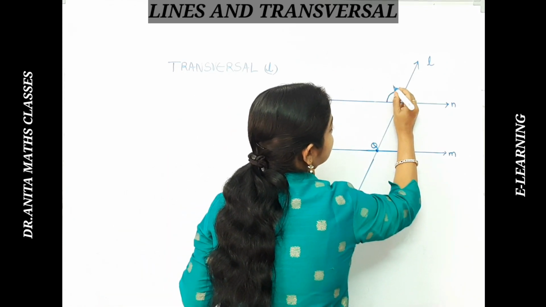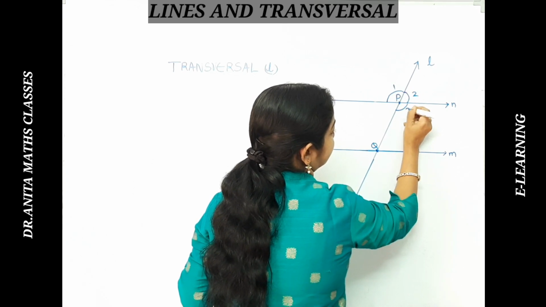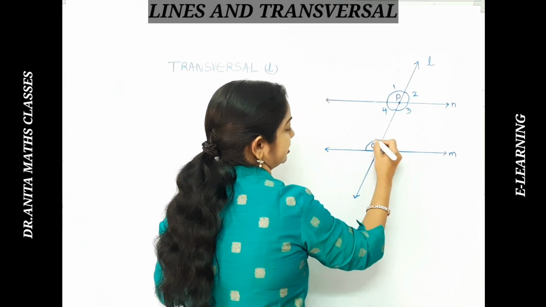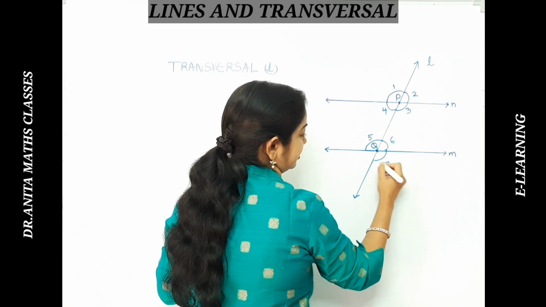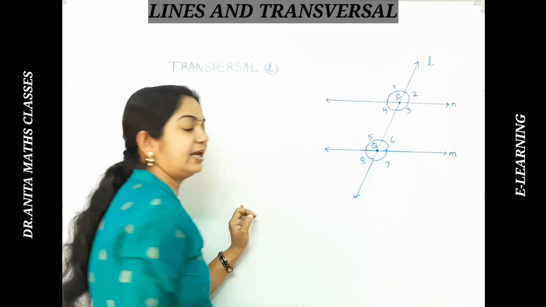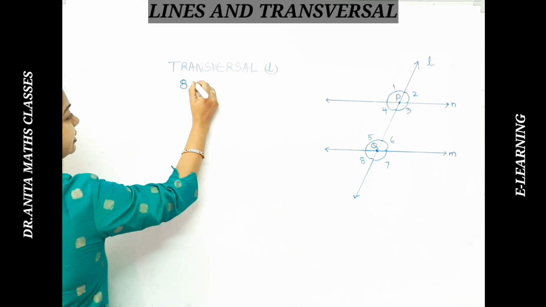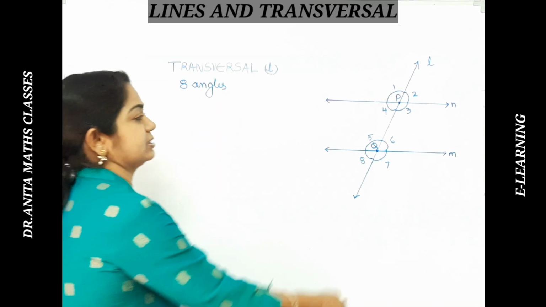Let me suppose this is angle 1, this is angle 2, this is angle 3, and this is angle 4 here. The same thing here: angle 5, angle 6, angle 7 and angle 8. So the angles formed are totally 8 angles, right? 8 angles are formed when a transversal meets a pair of lines at two distinct points.